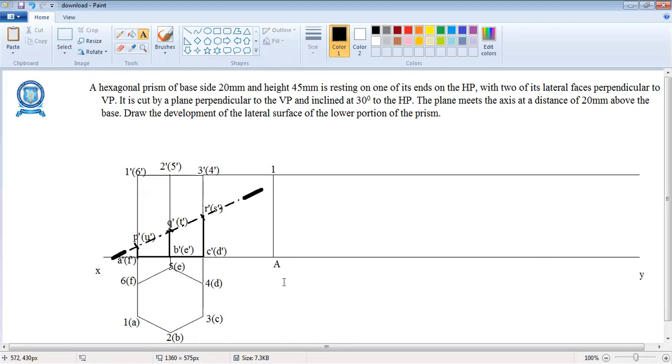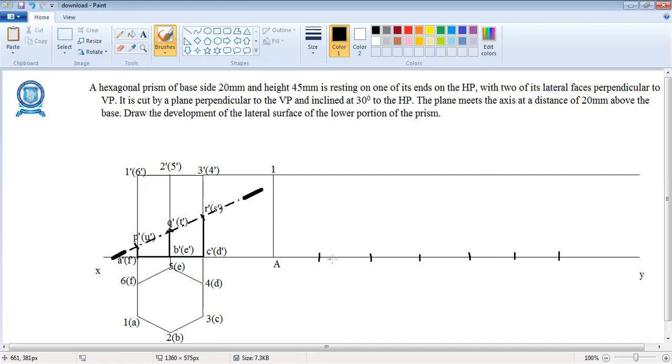For a hexagonal prism, we have 6 sides, and each side is 20 mm. Take a compass, measure a side of 20 mm and cut an arc from point A continuously and divide this line into 6: 1, 2, 3, 4, 5, 6.